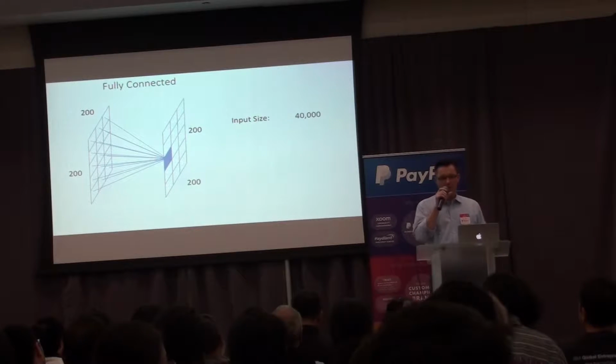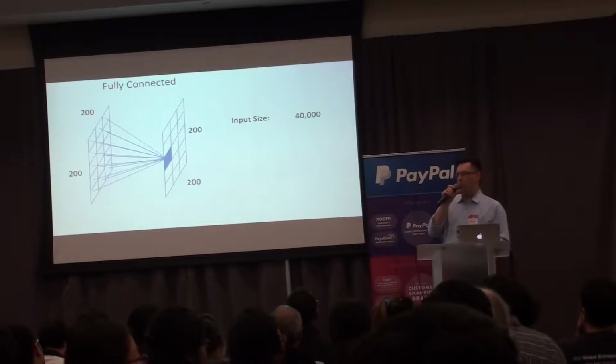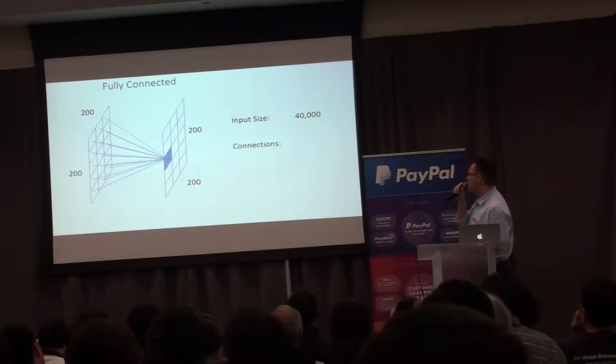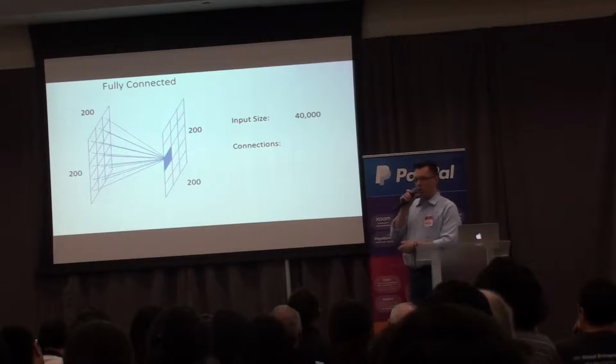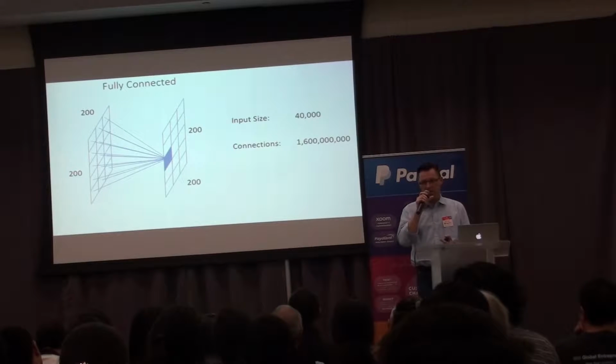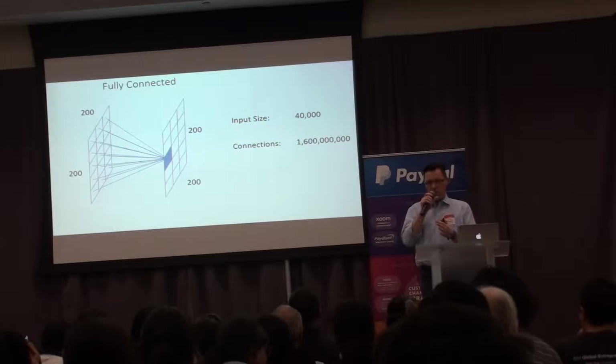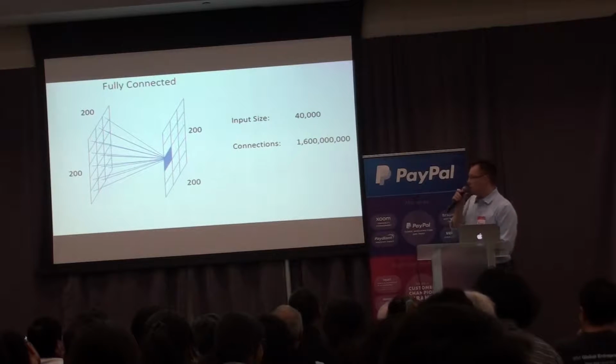What is the total number of calculations required for output? Right, so how many weights are we going to have between these two layers to go from one to another? And it's 1.6 billion.